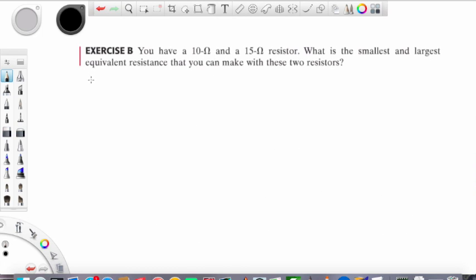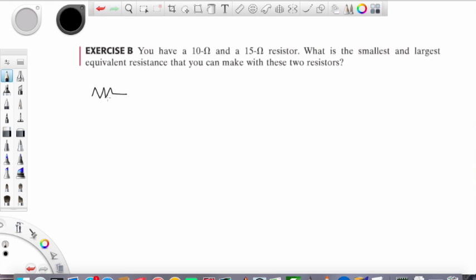As always, we have a couple of exercises. In the first one, we have a 10 ohm and a 15 ohm resistor. What is the smallest and largest equivalent resistance that you can make with these two resistors? So we have two options. We can connect them in series. Let's stick to the American notation.